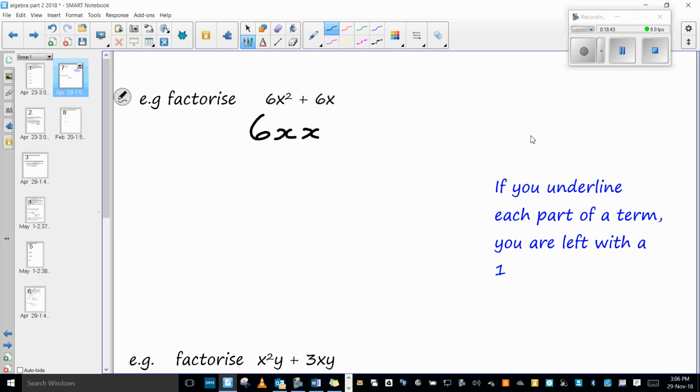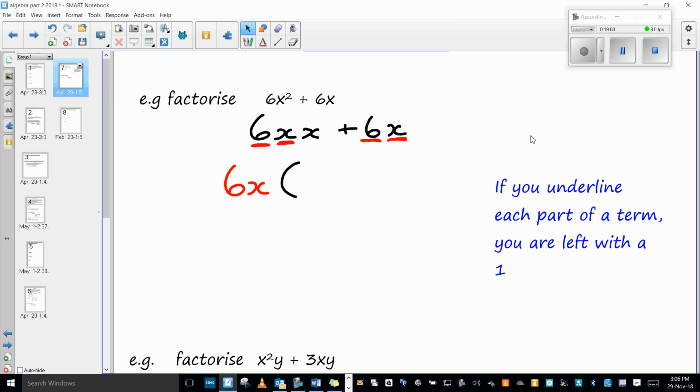And 6x is obviously just 6x. Then we say what's common? Well, a 6 is common, and an x is also common. Can we write 6x cubed? No, so we would write 6x, that's common. And then we open up our bracket and write what's left: x plus, oh, we've run out.